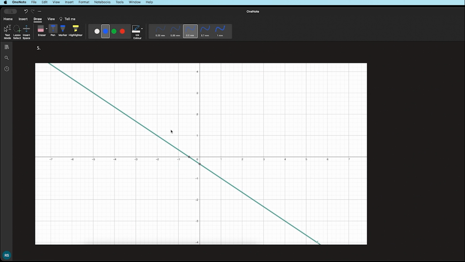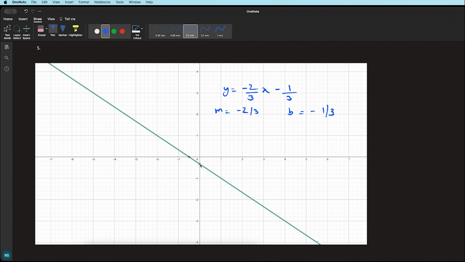Now coming to the last equation, this equation is represented by y equal to minus 2 by 3x minus 1 by 3. Here m equal to minus 2 by 3 and b equal to minus 1 by 3.